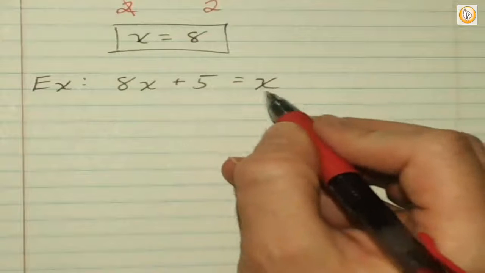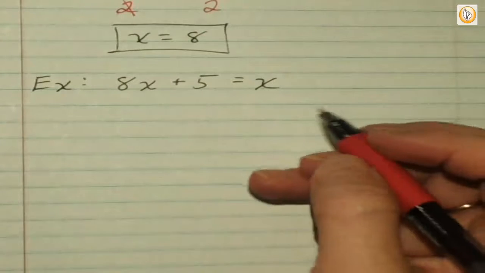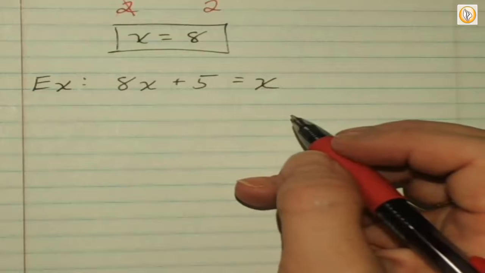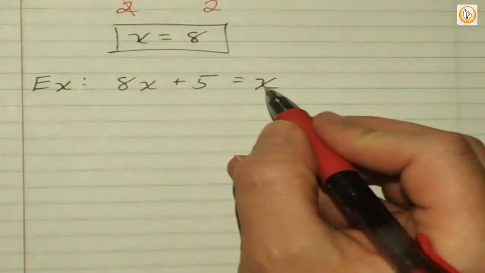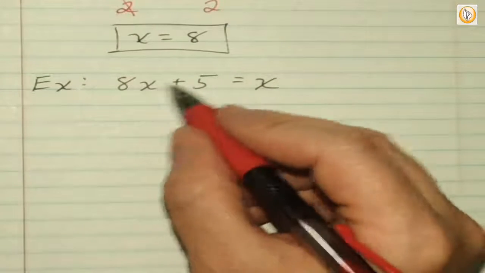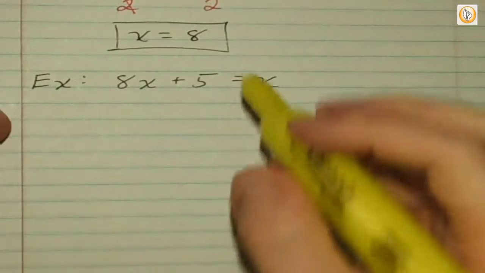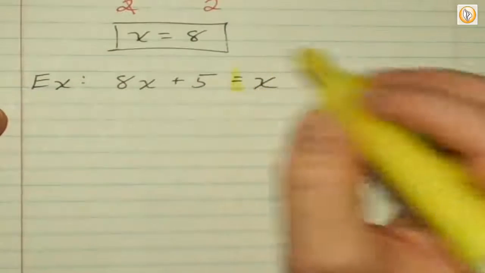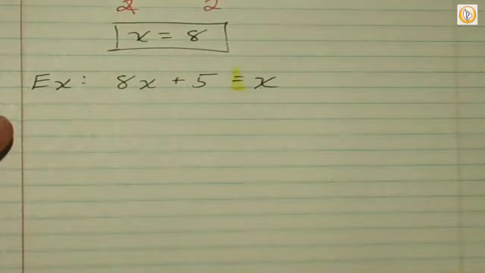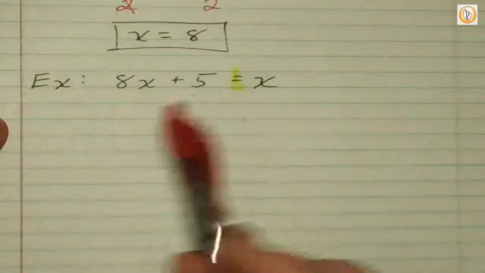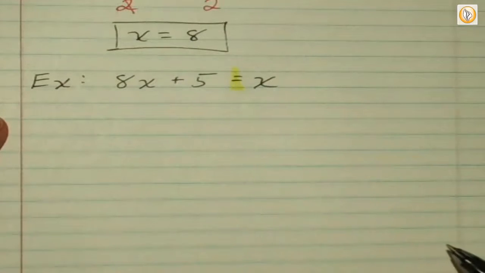So how do I move this variable over to this side of the equal sign, Michaela? How do I move this x? Because we want all the variables on the left side of the equal sign. Here's my equal sign. This is intruder alert. We want to move this x to this side of the equal sign. How do I do that?